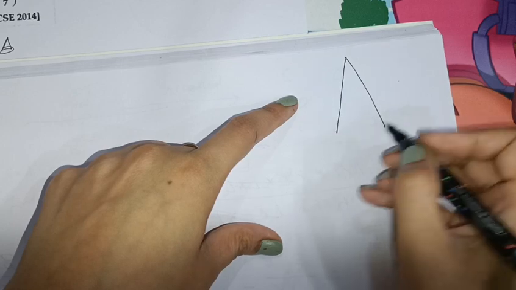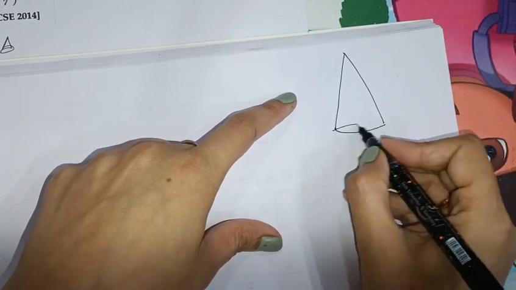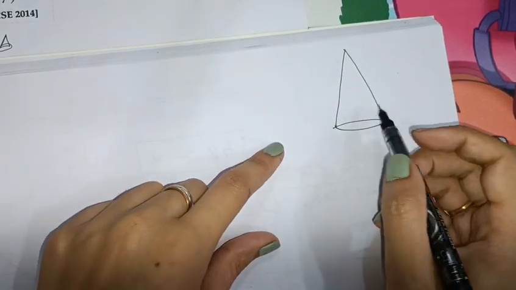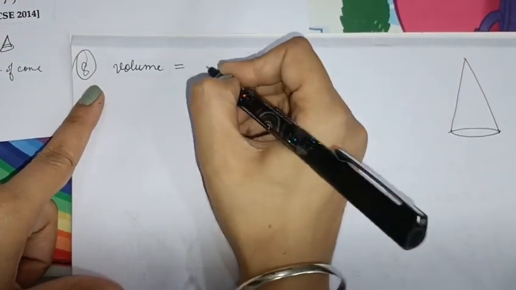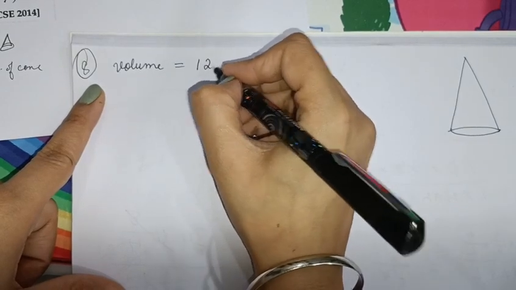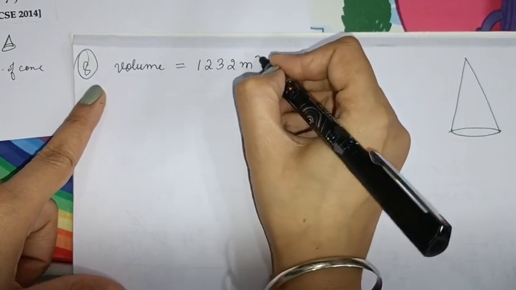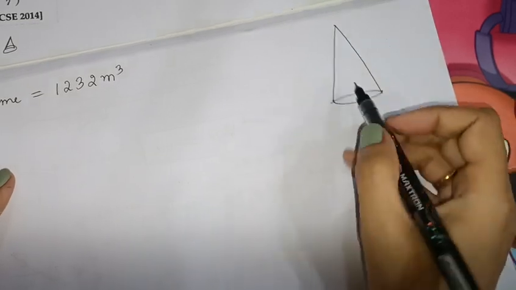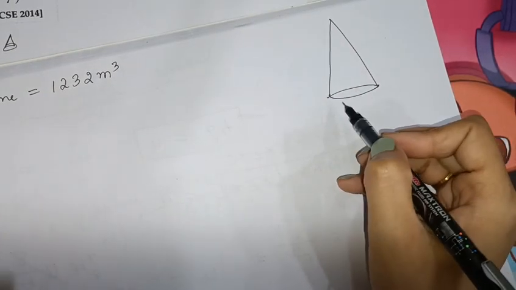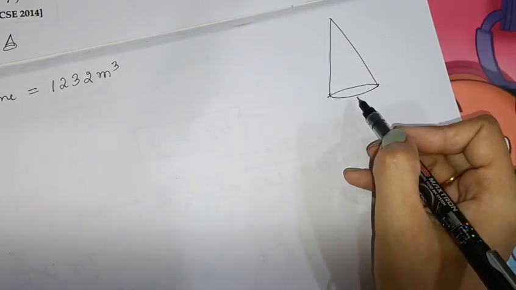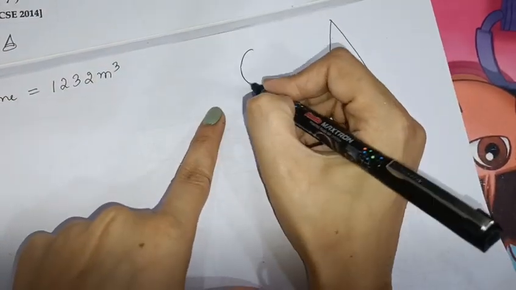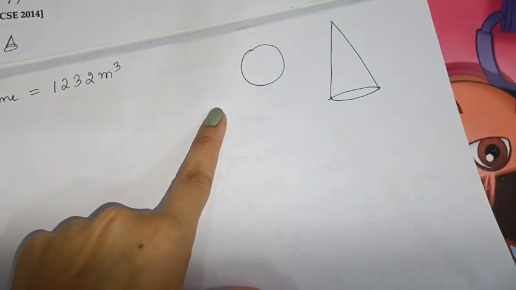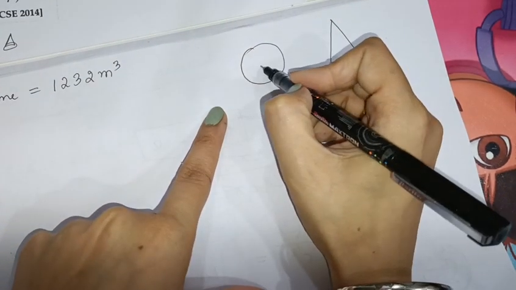I'll make you understand what is given to us. One cone is there because it's a conical tent. Its volume is given to us: volume of cone is 1232 meter cube. Area of the base floor: you have to do a little bit of visualization. The base of the cone is circular, so the tent's base will also be circular.